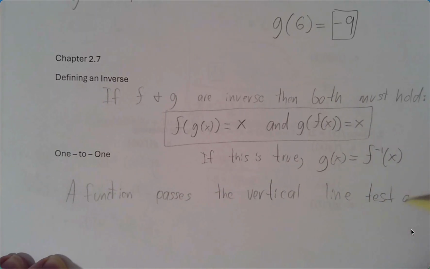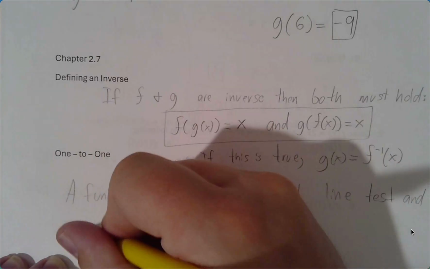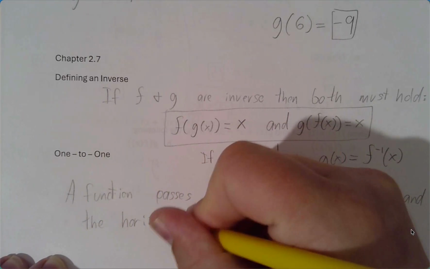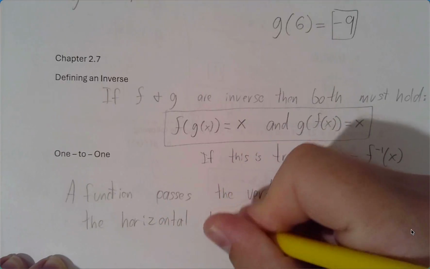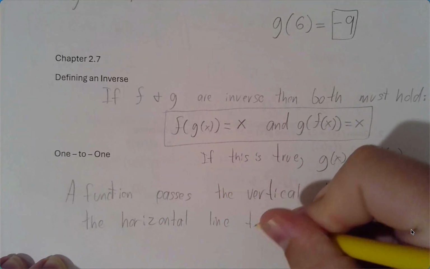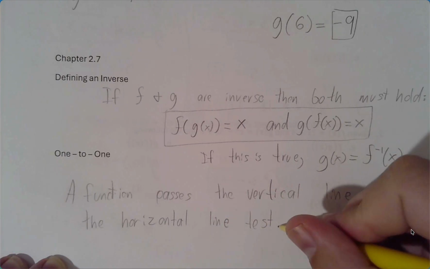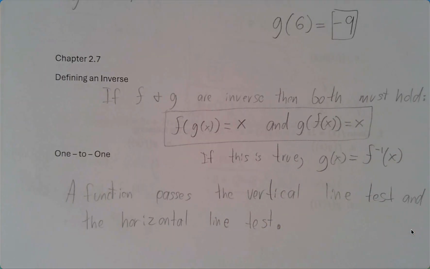But also, it passes the horizontal line test. So in other words, you try the same idea. Can I draw a horizontal line and it only touches my graph at most once? If you can, then you found a function that's one-to-one.